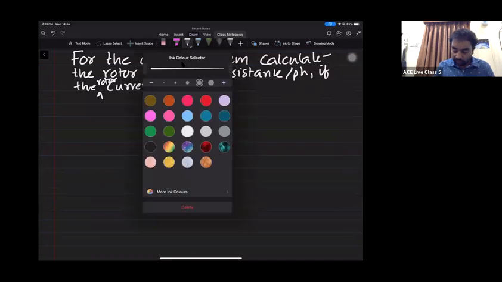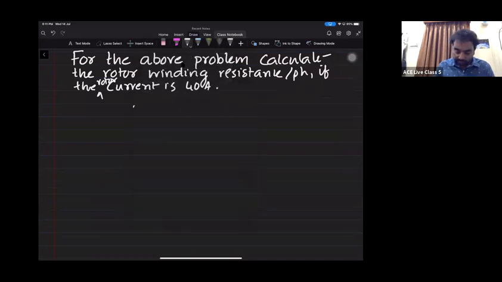Here the rotor input is given as 38 kilowatts.